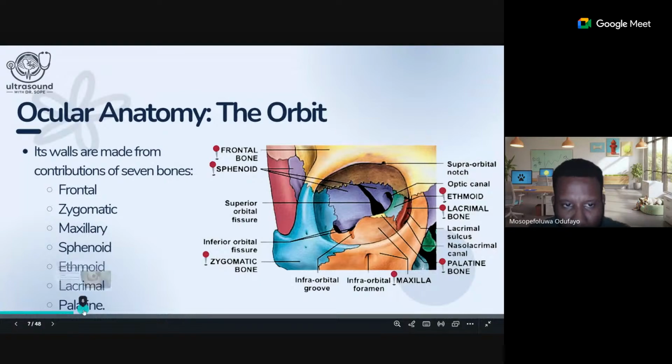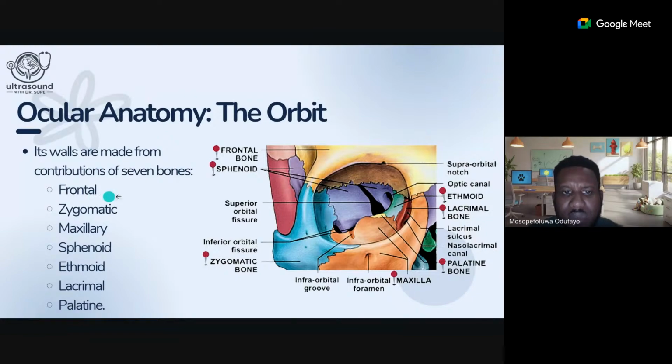Each and every one of them is mentioned here, and they are colorfully represented in this diagram by the side. So we have the frontal bone, and as you can see, that forms the superior wall, like the roof.